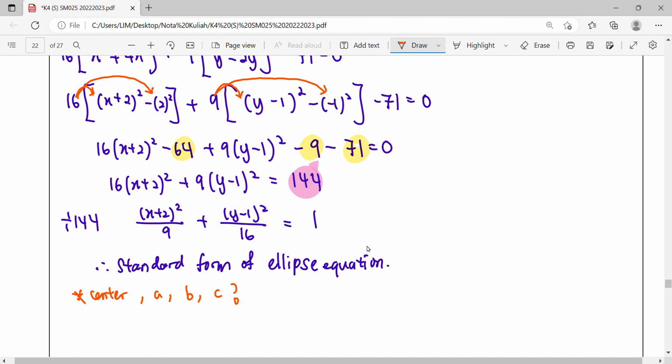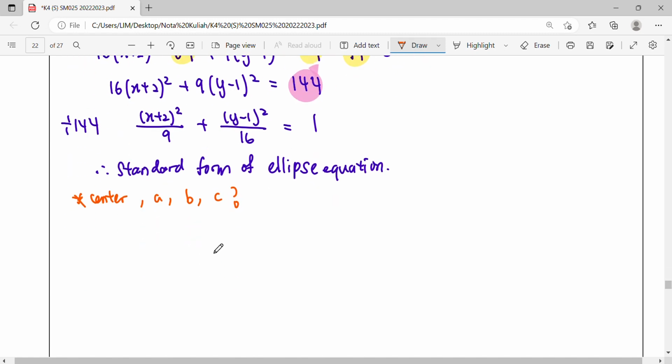The center we can read from this standard form, where x equals negative 2, y equals 1, so the center is negative 2, 1. Meanwhile, a comes from the denominator of this factor of x plus 2 squared. So a squared equals 9, a equals 3. b squared is the denominator from this y factor. So b will equal 4.